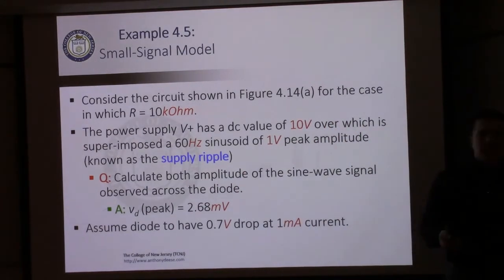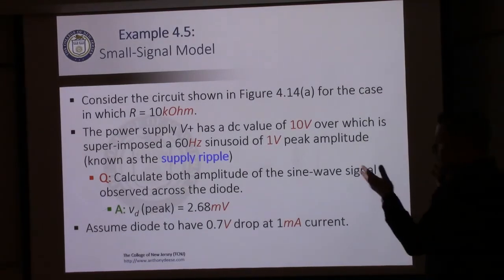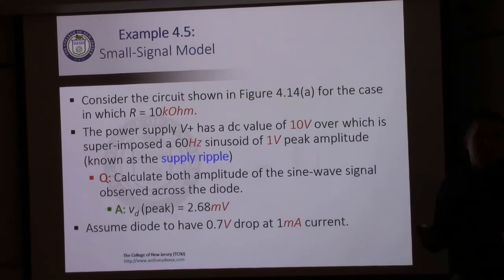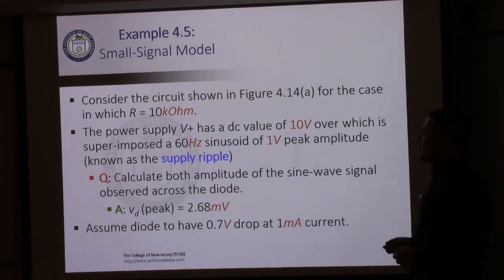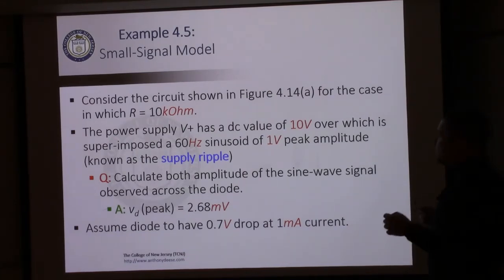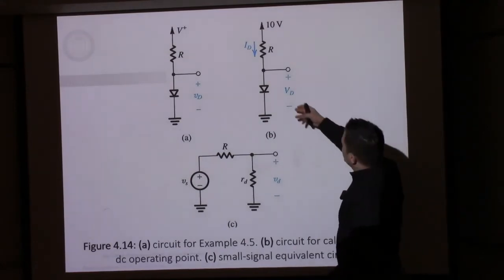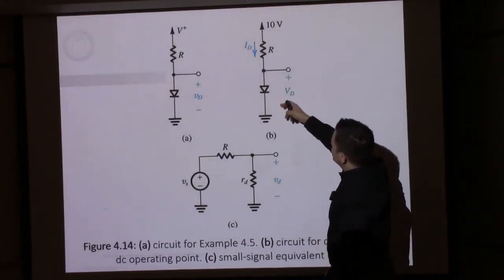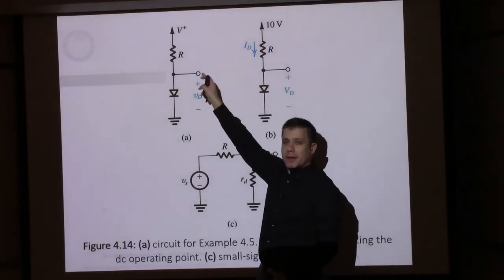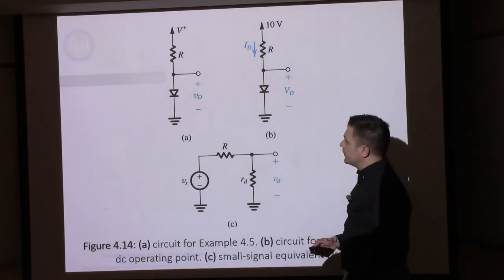So one way that we can think about this problem is we have a DC source and it has some noise or ripple component in it that's caused by something else, external to this problem. And so now what we want to do is figure out the result in VD of applying our input that's essentially 10 plus the 1 volt ripple.